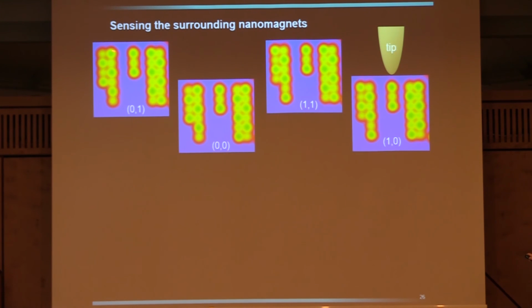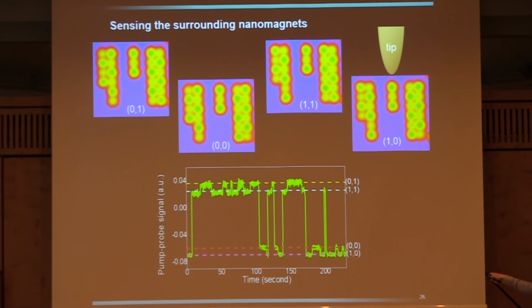So what we did here is we built 2 big nanostructures around one of these sensors, one with 10 atoms, one with 12 atoms. And then the surrounding of the sensor has now 4 magnetic states, right? You can see it in the spin contrast here. And if you again monitor the pump probe signal here, you can see 4-state switching instead of 2-state switching.